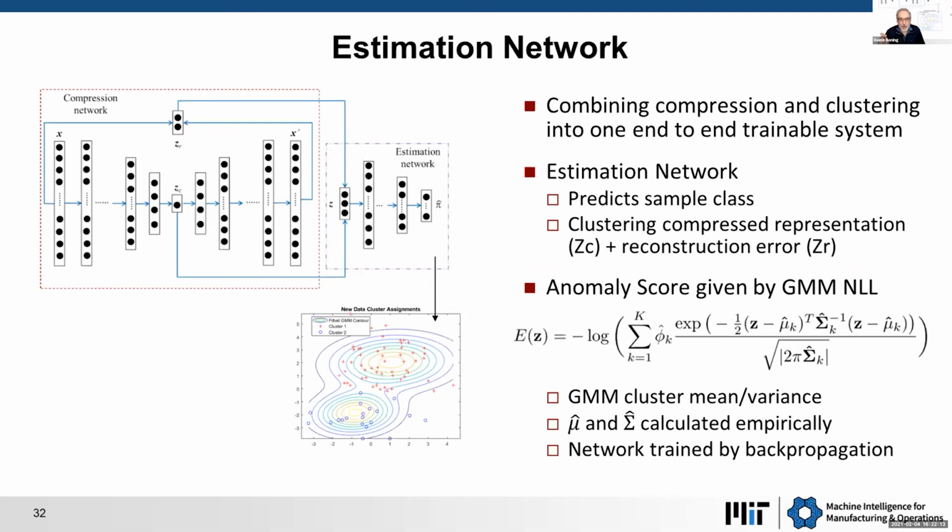Again, the estimation gives us both a prediction of reconstruction error, but also predicts, is it a good example, or, as you learn more, is it a bad example that goes in this diagnostic class? Then we combine all of those into an anomaly score that is essentially a negative log likelihood related to distance in the latent space, clustering in the latent space.